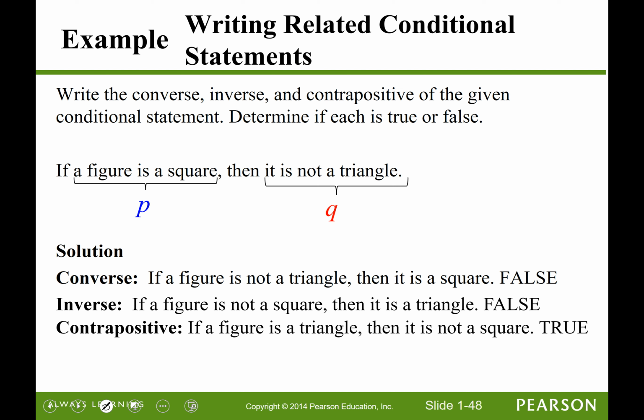This is a true statement. Triangles are not squares. So you have a figure that's a triangle, it's not a square. That's true. And what about our first one there? If a figure is a square, then it is not a triangle. That one was also true. So the first one was true and the contrapositive was true. The converse and inverse were both false.